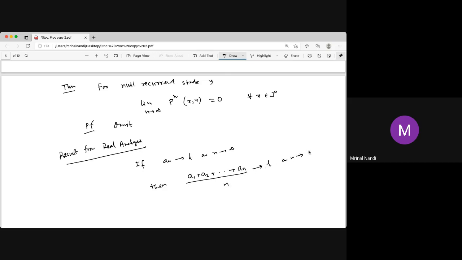That you know, but the converse is not true. If the sum tends to 0, the sequence may not converge. So that's why this is the stronger result.